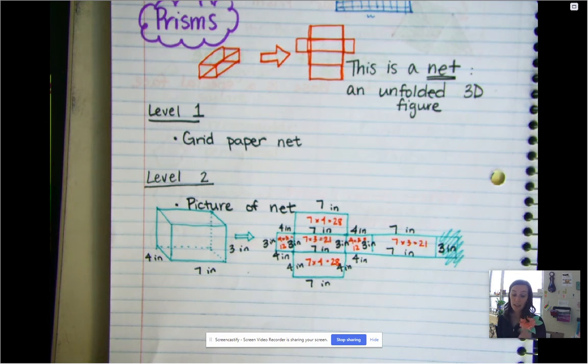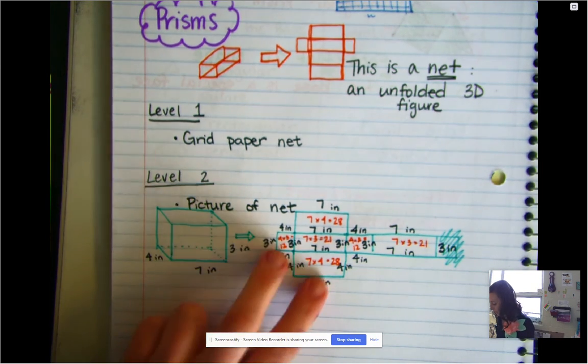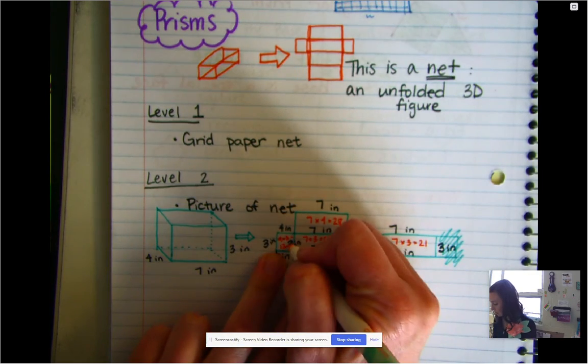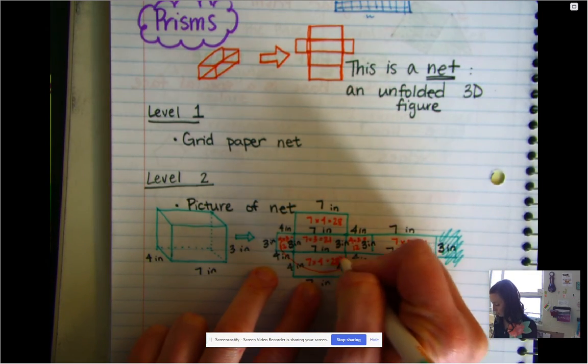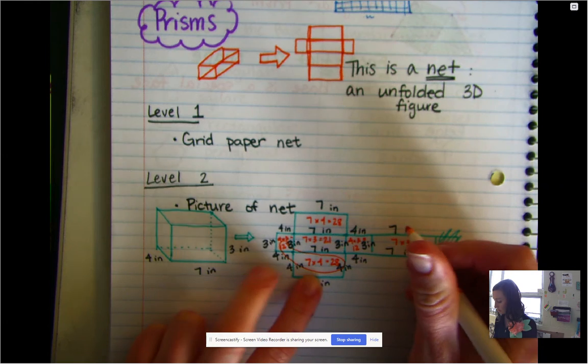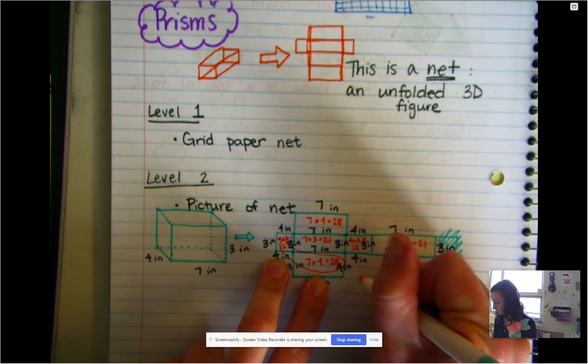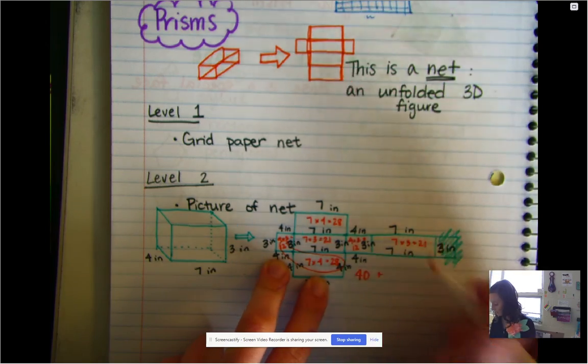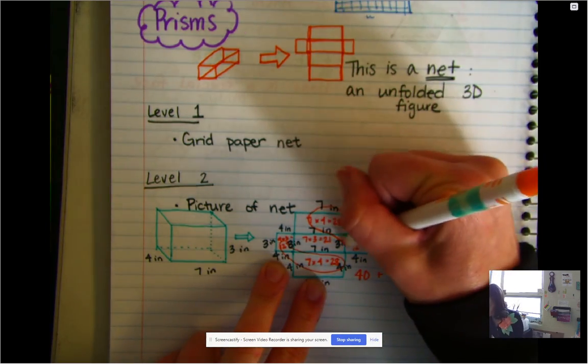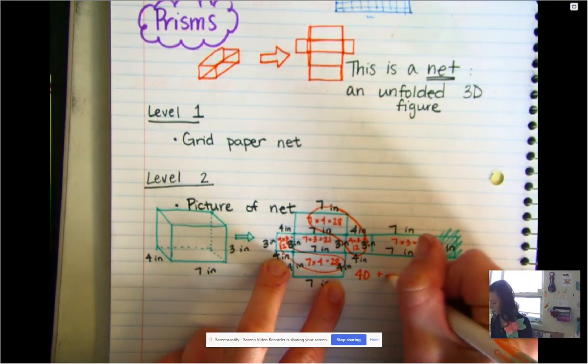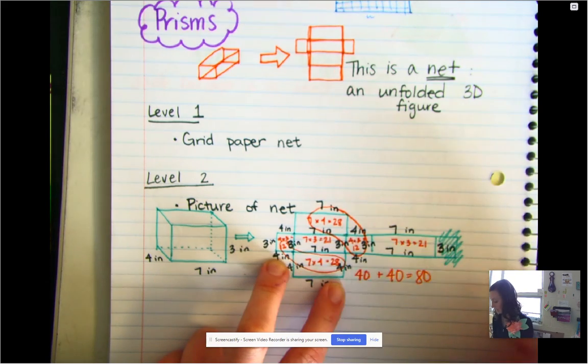Math facts got to be on point with this, or it's going to take you 150 years. All right, I know from my math background that 12 plus 28 would be an easy way to add 40. So these two will make 40. I can do the same thing with this 28 and 12 as another 40, which is 80.